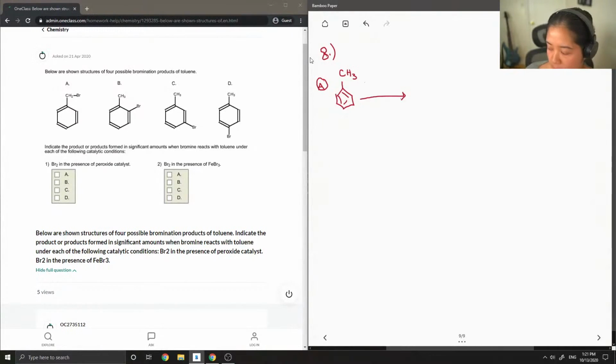And the first instance is Br2 in the presence of a peroxide catalyst. And usually with this reaction, you need UV light. That's not answered in the question, but I'm just going to add it there.